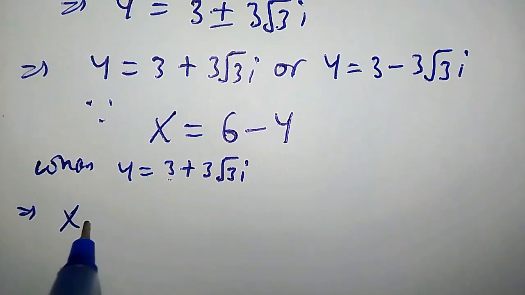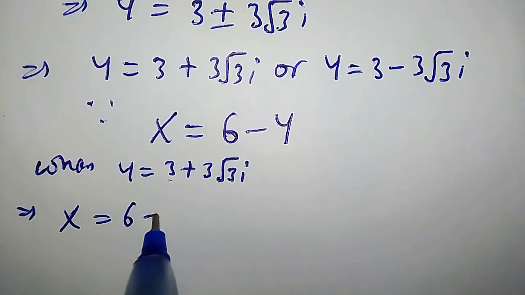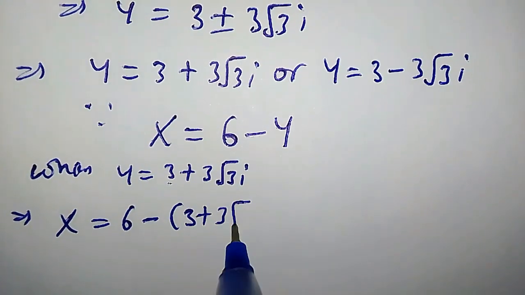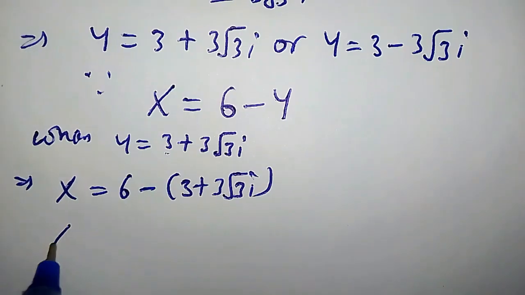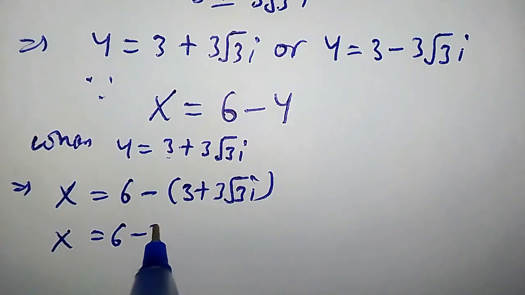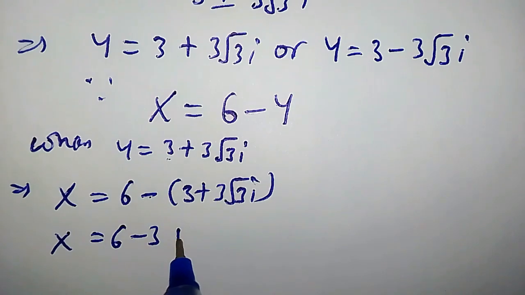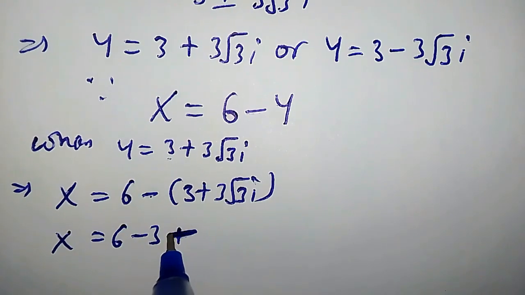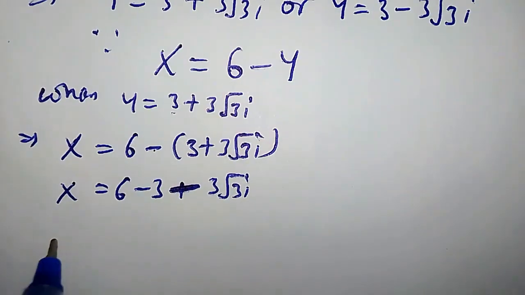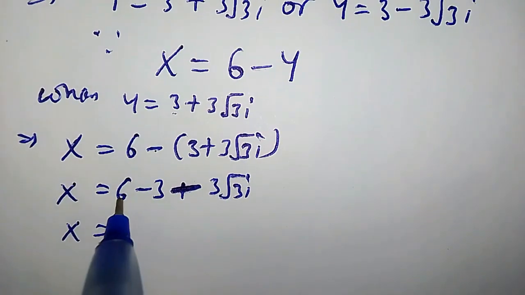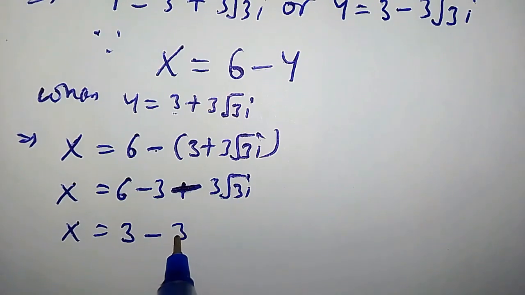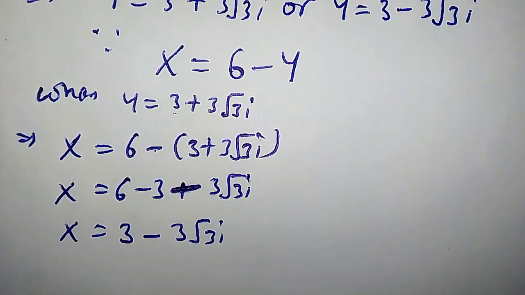So that will be x equal to 6 minus 3 plus 3 root 3i. Minus times 3 is minus 3, minus times plus is minus, so we have minus 3 root 3i. So x equal to 6 minus 3, that is 3, minus 3 root 3i.